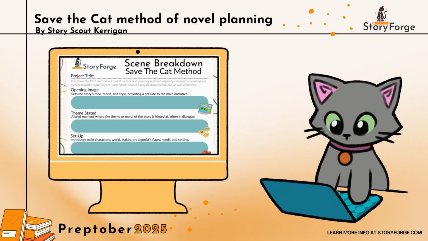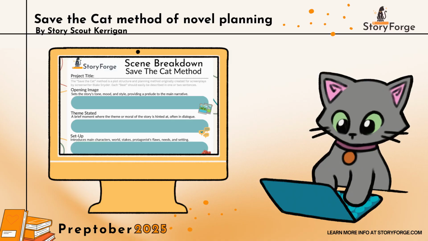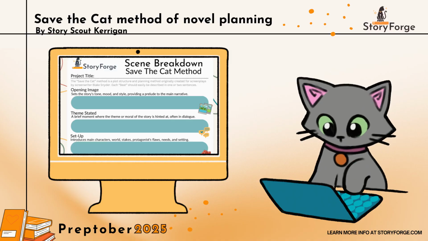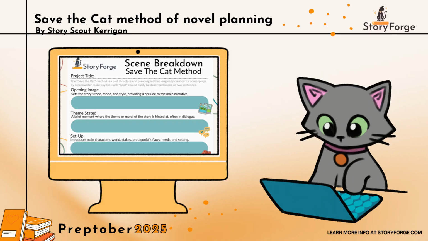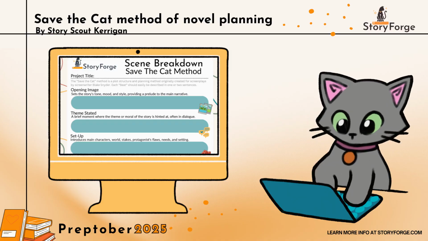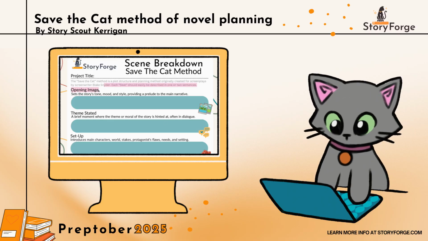I know I'm that way, but it introduces a concept of a protagonist performing a small action early on to win the audience's sympathy. And I think this template helps because I have friends that use it, and the opening image is supposed to set the story's tone and the main narrative.